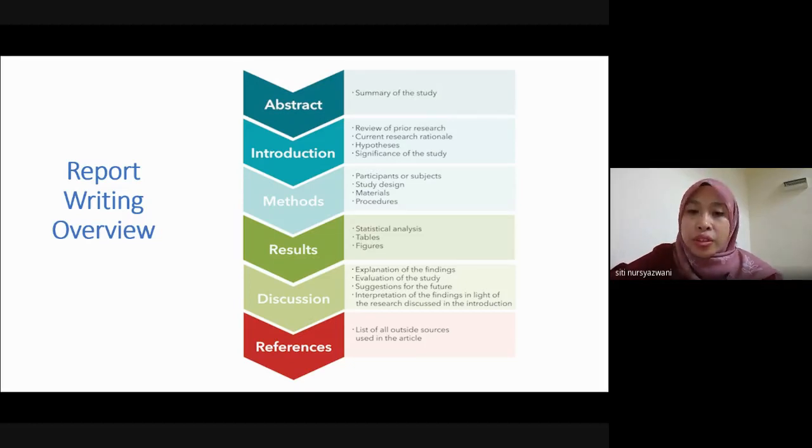For discussion, you need to explain your findings and also suggestions, and then your evaluation of the study. And the last one, reference. You must list all of your references that you quoted in your discussion part, LR part, and also intro and method.